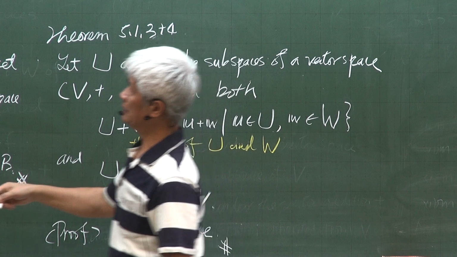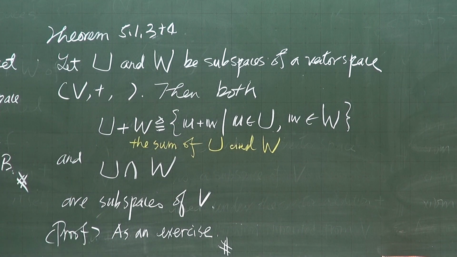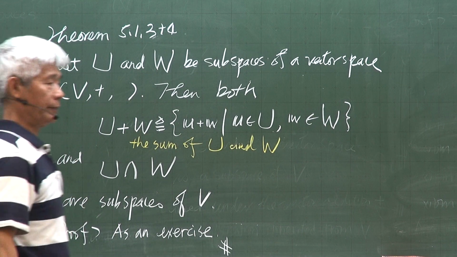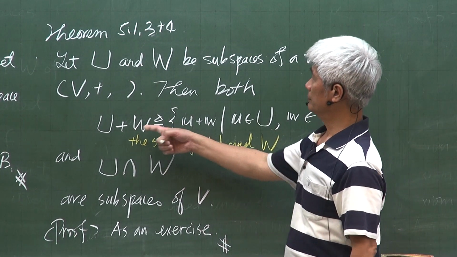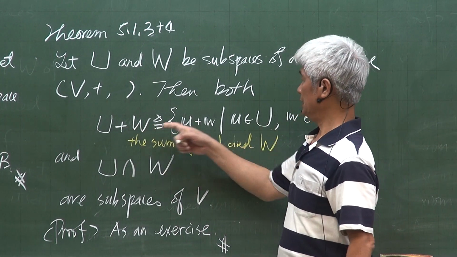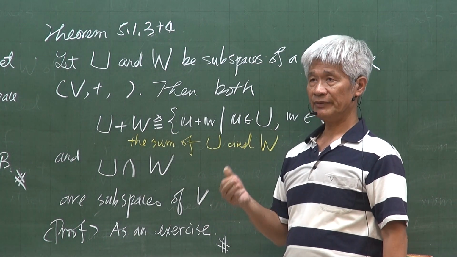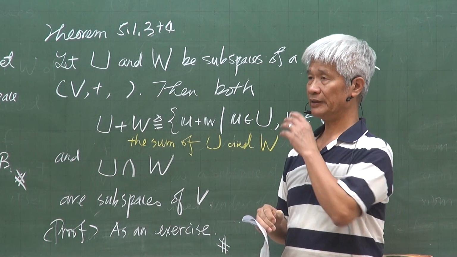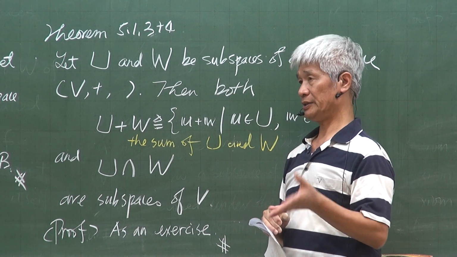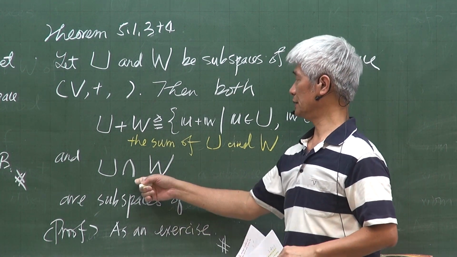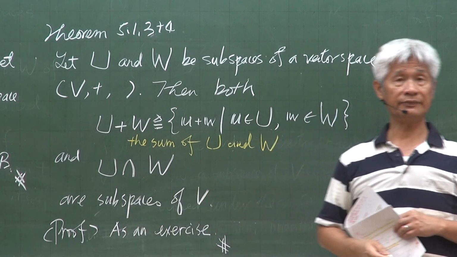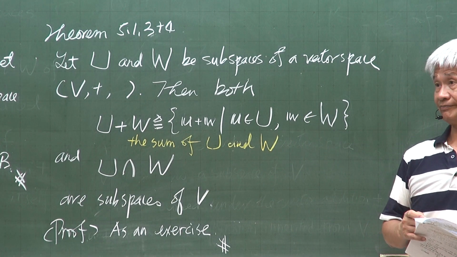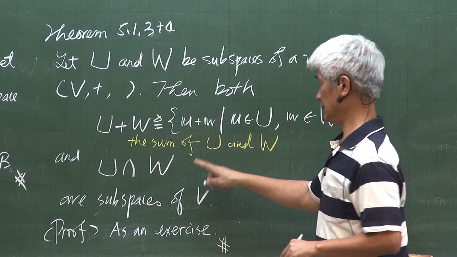You just use theorem 5.1.1. You just check that the sum of U and W is closed under vector addition and scalar multiplication. And also, you have to show that the intersection is closed under vector addition and scalar multiplication. Okay? So it's easy to check.